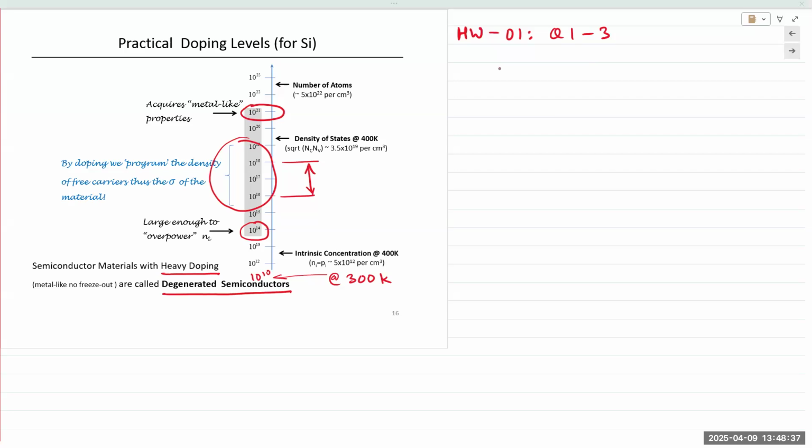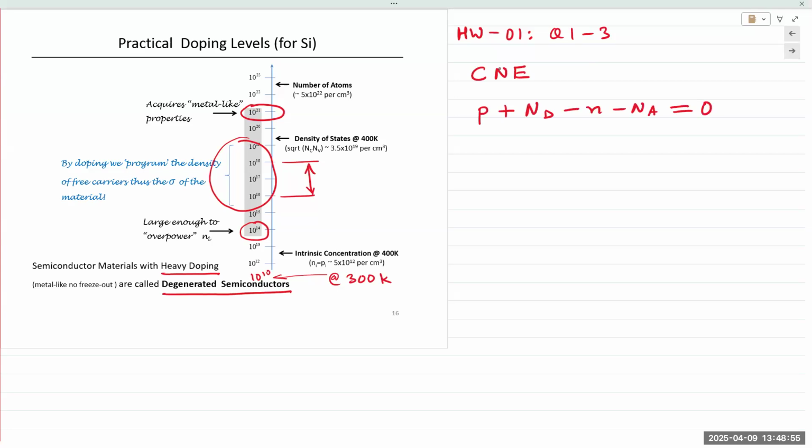The charge neutrality equation, let's say CNE, was P plus ND minus N minus NA, always equal to 0.